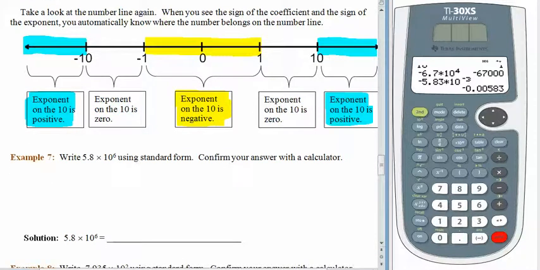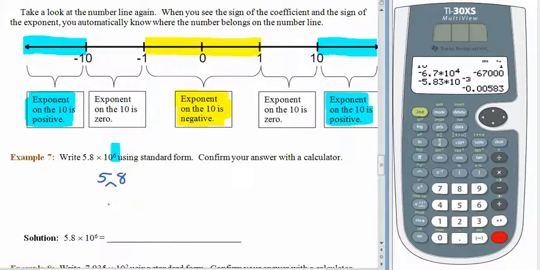What number is that? And the first thing we want to do is focus here on the exponent. This exponent is positive. I'm going to make it blue just so we pay attention to it. There we go. That means this should be a big number, more than 10 units away from 0. So we have a 5, we have an 8. The decimal point used to be here, but it's not going to be there anymore, so don't write it down.